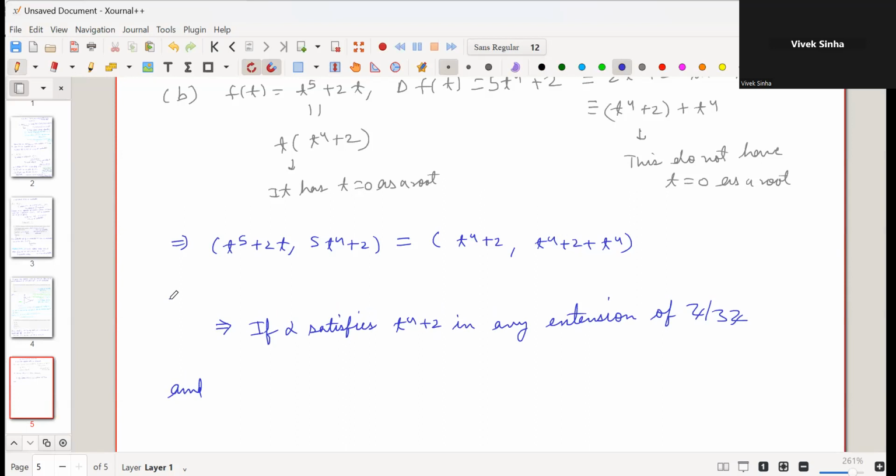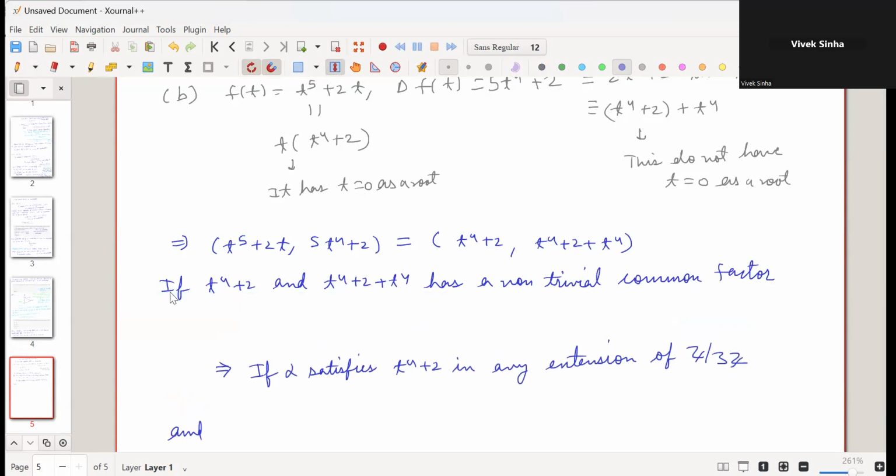So this implies: if t4 plus 2 and t4 plus 2 plus t4 have a non-trivial common factor, say g(t), I need some more space, I will write it again, no issues.